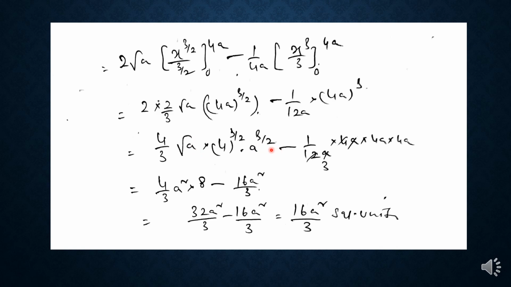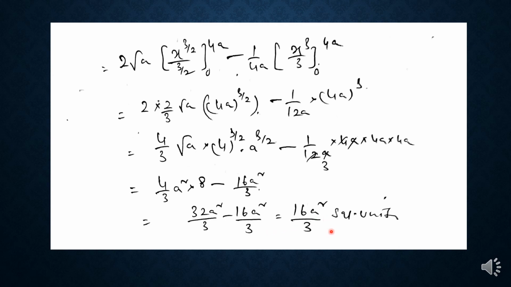That becomes a to the power of 4 by 2, that is a square. 4 by 3 a square into, here 4 can be written as 2 square, and this 2 will be cancelled. 2 cube will remain. 2 cube means 8. 4 by 3 a square into 8, minus here 4a into 4a, 16a square by 3. So this is 4 into 8, 32a square by 3, minus 16a square by 3, that is equal to 16a square by 3 square units.